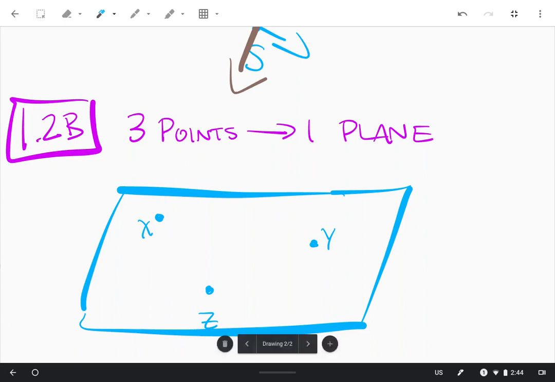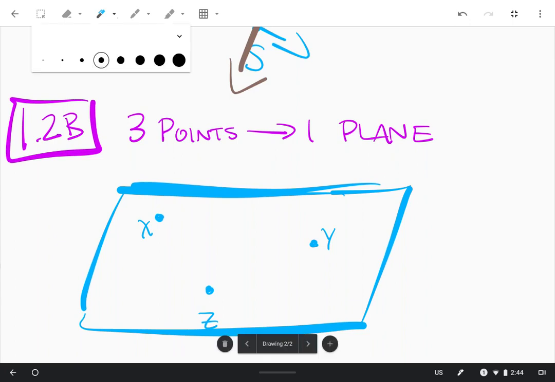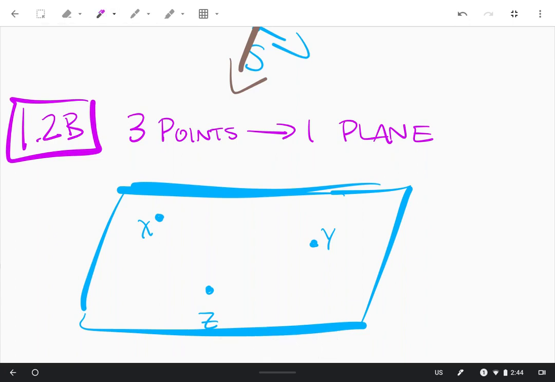In reality, it's the screen that I'm drawing on right now, this flat surface that contains them. There is not another plane besides that one that contains those 3 points. There are some videos on the lesson that you might want to watch to drive home some of these concepts. So let's keep going.